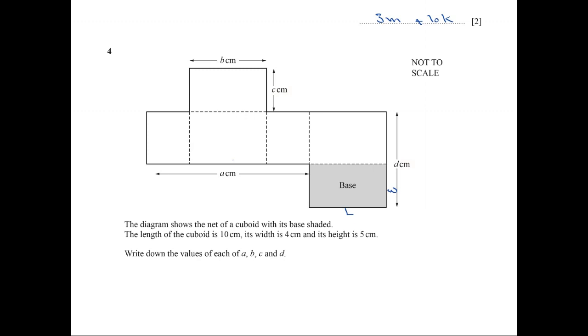Question 4, the diagram shows the net of a cuboid. Its base is shaded. The base of the cuboid, we all know, has a length and a width. We have to move by the same pattern, length, width, length, width, to make the cuboid.